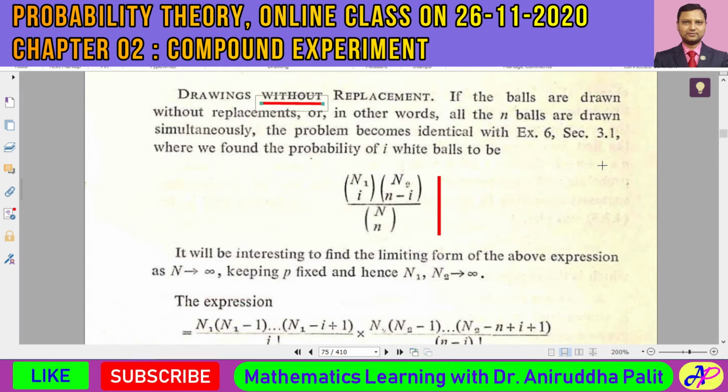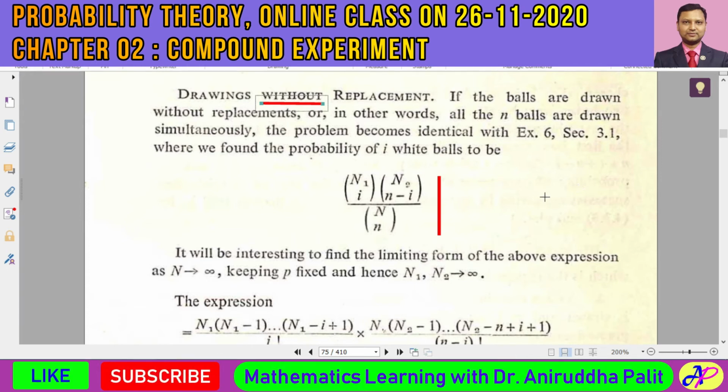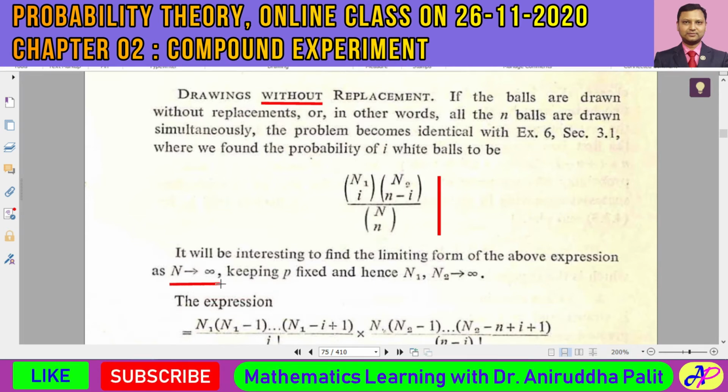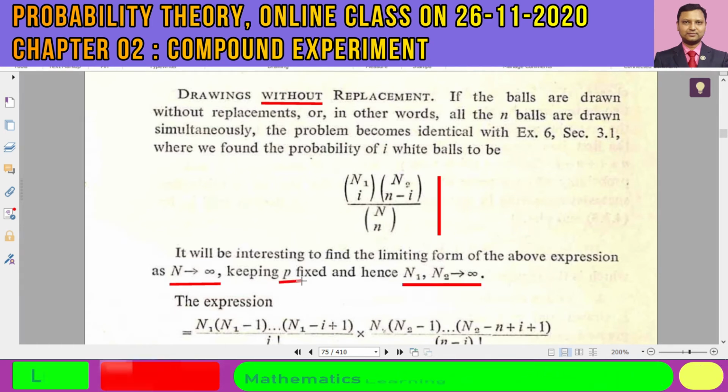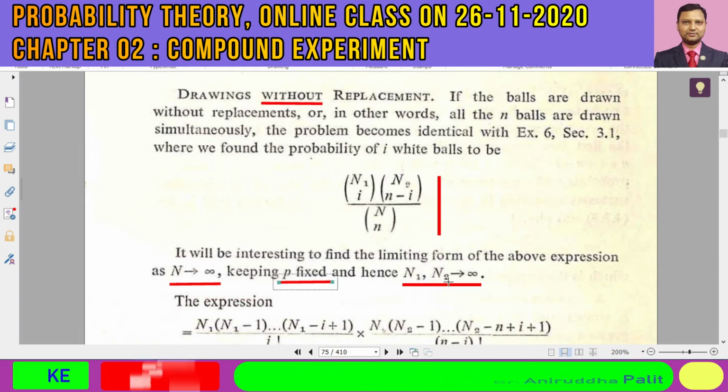Now, what I am trying to show is that if n is tending to infinity, with n1 and n2 also tending to infinity, but keeping p fixed, these are some assumptions. What is p?